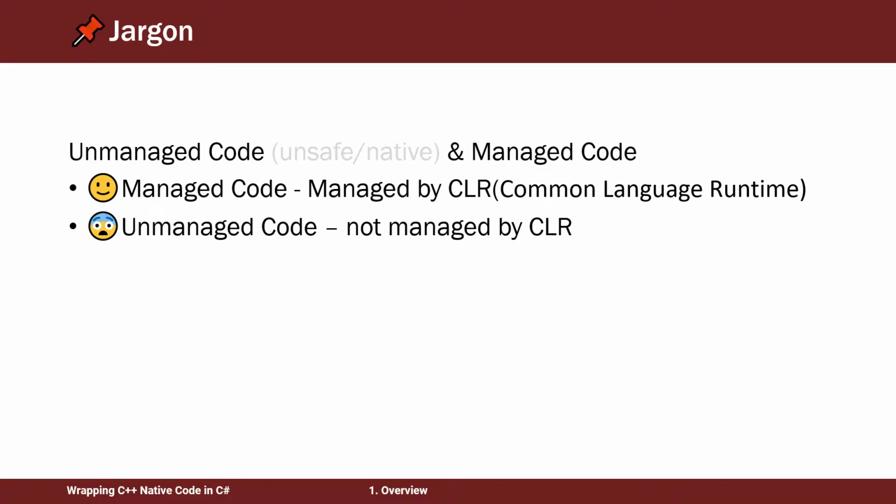For example, you don't need to consider memory management, type safety, etc. In contrast, there is the way you run a C or C++ program, also called unmanaged code. In the unmanaged world, the programmer is in charge of pretty much everything. Like I said before, you must consider memory management, type safety, etc. So if you're a beginner, just like me, you can just say unmanaged code is C++ code and managed code is C# code. That's it.